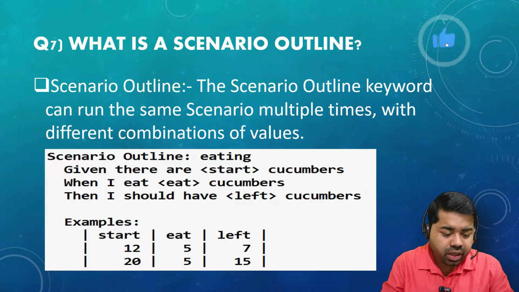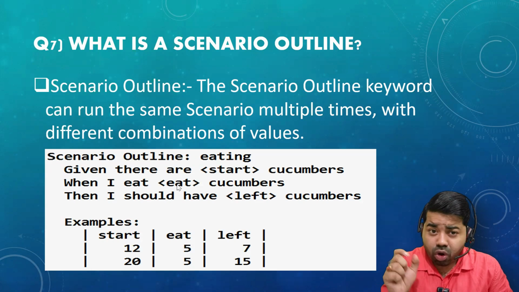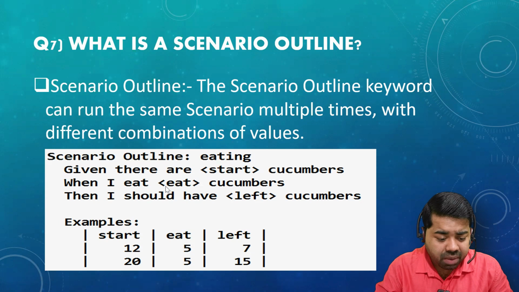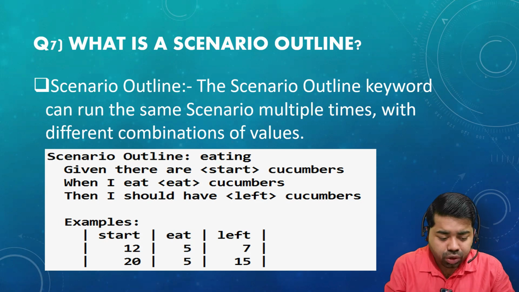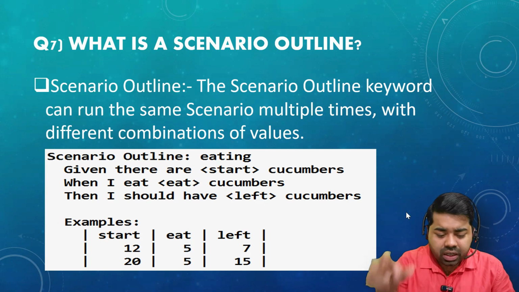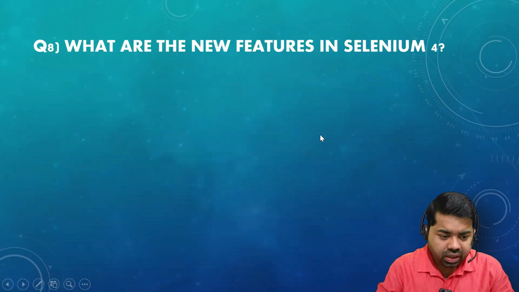This is the snapshot for the scenario, and the parameters are passed in angle brackets. When you execute, each test case execution uses one set of data, and the test executes as many times as the number of data sets you pass. This is the scenario outline.